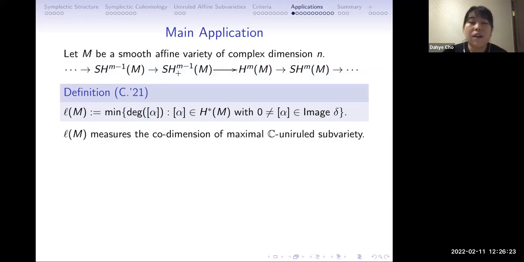We define a measure L, the minimum degree of such a cohomology class that is an image of delta, that measures the maximal codimension of the uniruled subvariety.